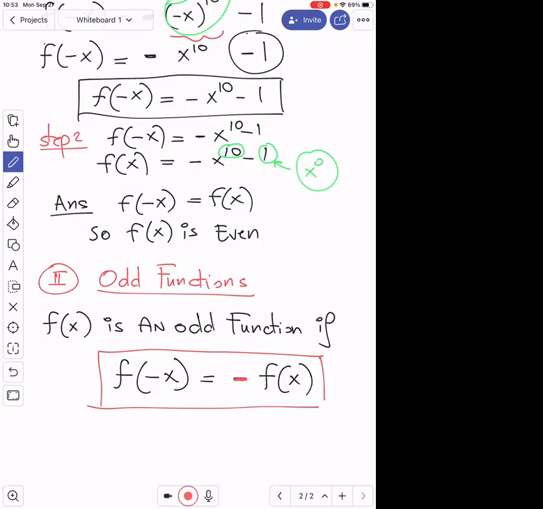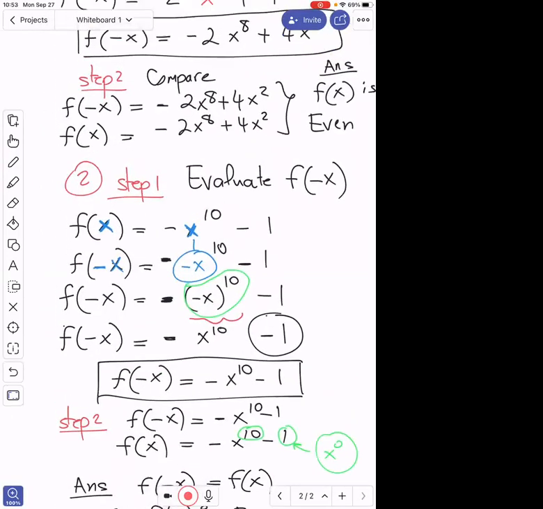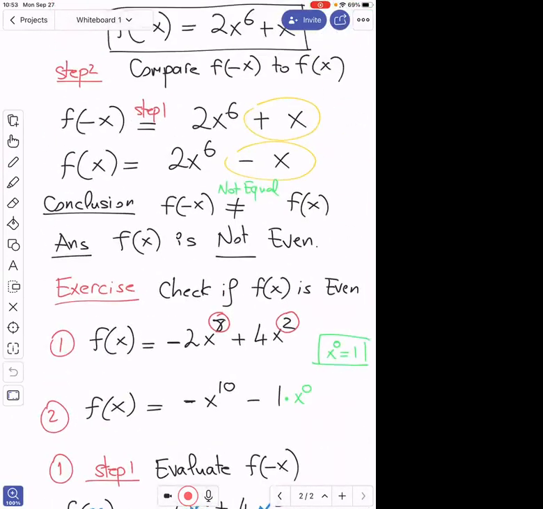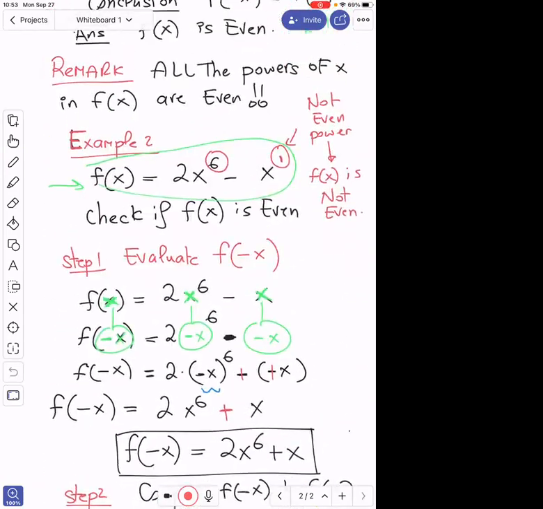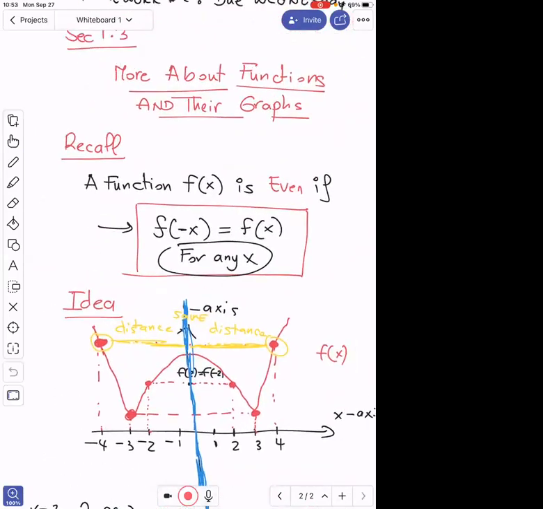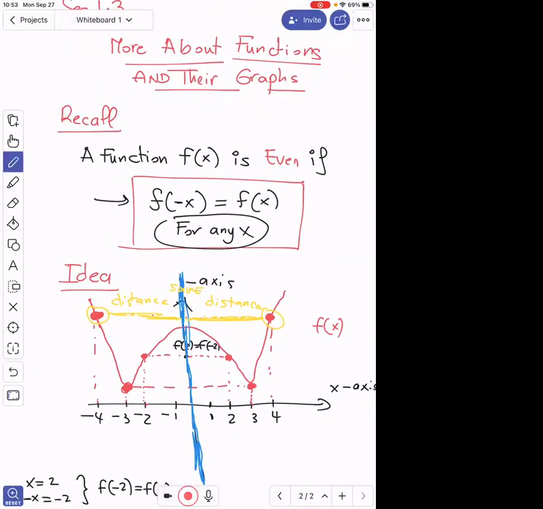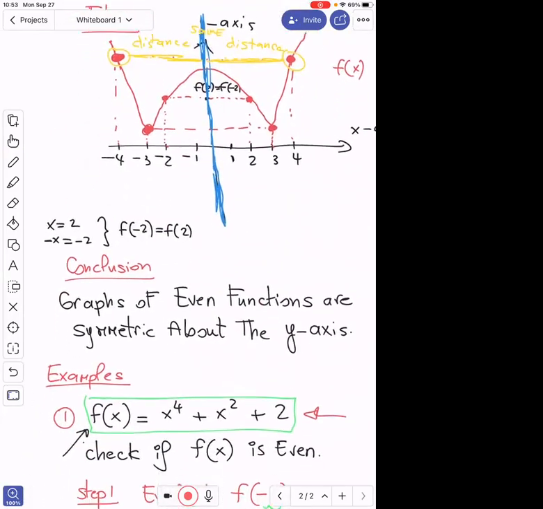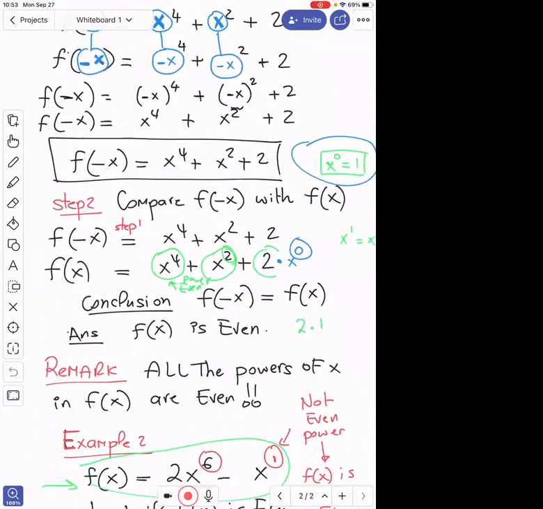So in the definition of even functions, where is it? Well, right here, you see f of minus x is equal to f of x. There's no minus in front of the f, right? But now for odd functions, there's a minus in front of the f.